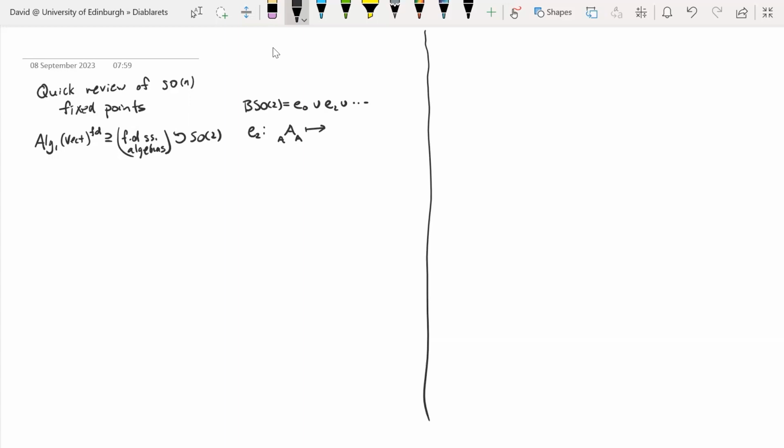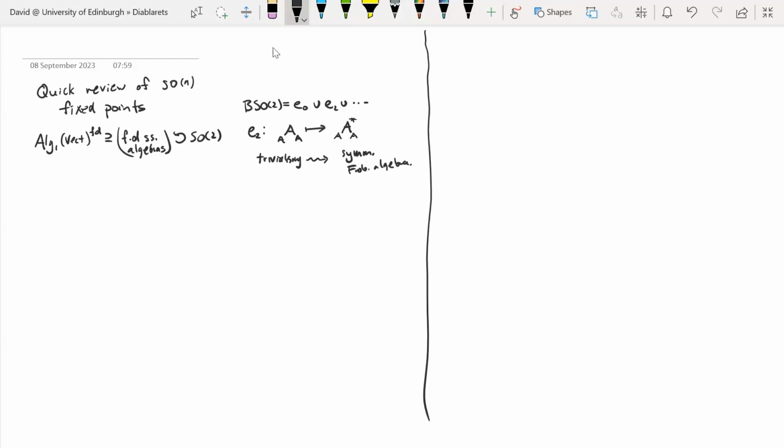What E2 does, it sends the regular AA bimodule to the dual vector space. That inherits also an AA bimodule structure, but now the left and right actions get swapped as usual. And then trivializing this is the notion of a symmetric Frobenius algebra. Okay, so that's a correction.